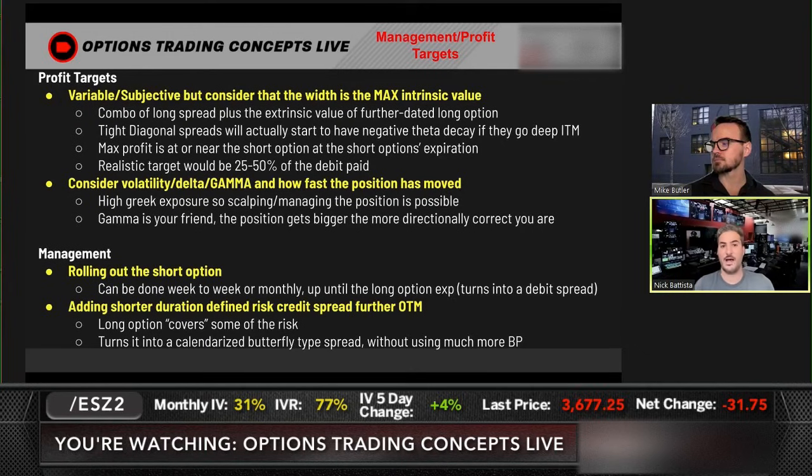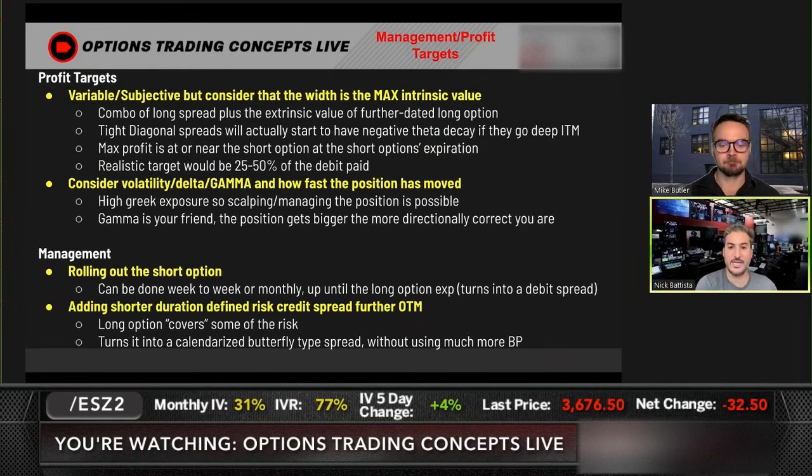Just because that long option is in the money, it'll go towards 100 delta, and that short option is going to be decaying fast and coming off the table in a quick amount of time. The swings in your P&L will become much greater moving forward if you get that direction right with an earnings type diagonal spread.